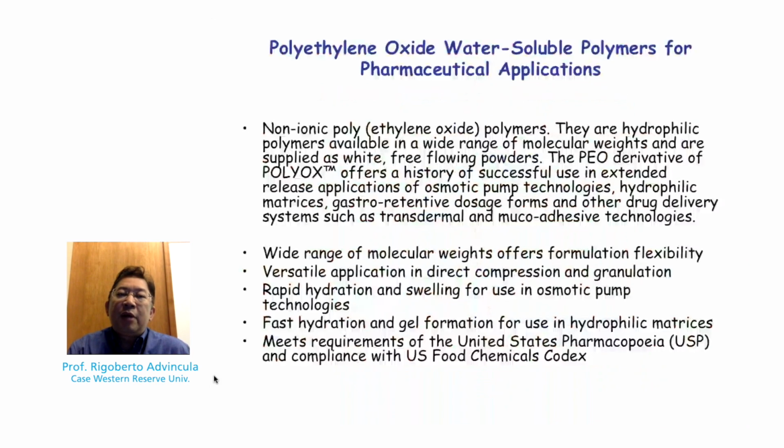for polymer drug excipients. Now, some of you are probably wondering, when are we going to talk about PEO or polyethylene oxide or even polyethylene glycol? So I will briefly mention PEO.